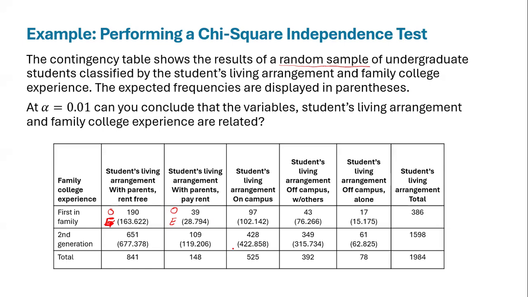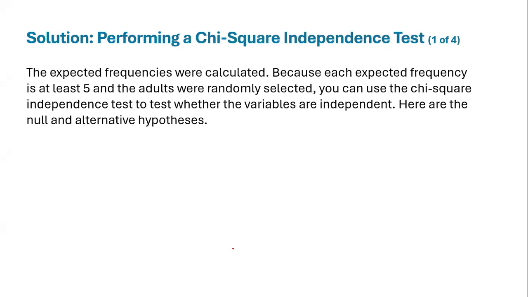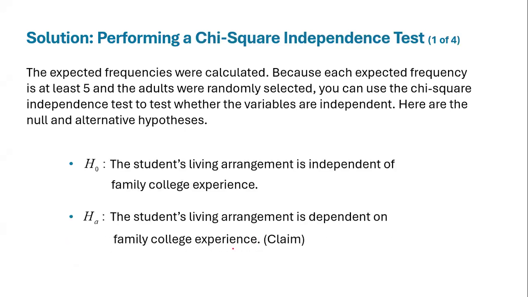Now I can start writing the null and alternative hypothesis. And as I said, we use the word independent for the null and dependent for the alternative. And since the two variables in this example are the student's living arrangement and the family college experience, for the null hypothesis, we say the student's living arrangement is independent of family college experience. And for the alternative, we say the student's living arrangement is dependent on family college experience.